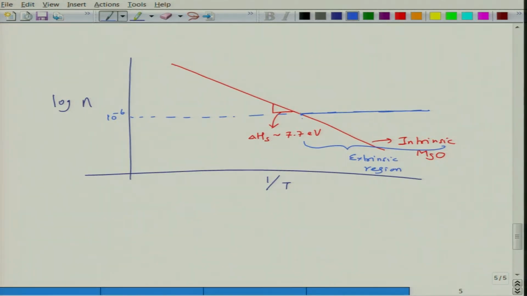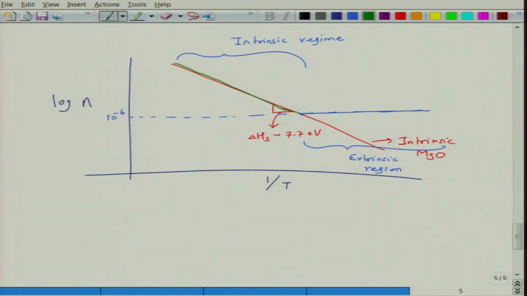It is only at this point that the intrinsic concentration takes over the extrinsic concentration, and then we reach a regime which is called the intrinsic regime. So, basically if you want to plot the final concentration plot now, it would be something like this.